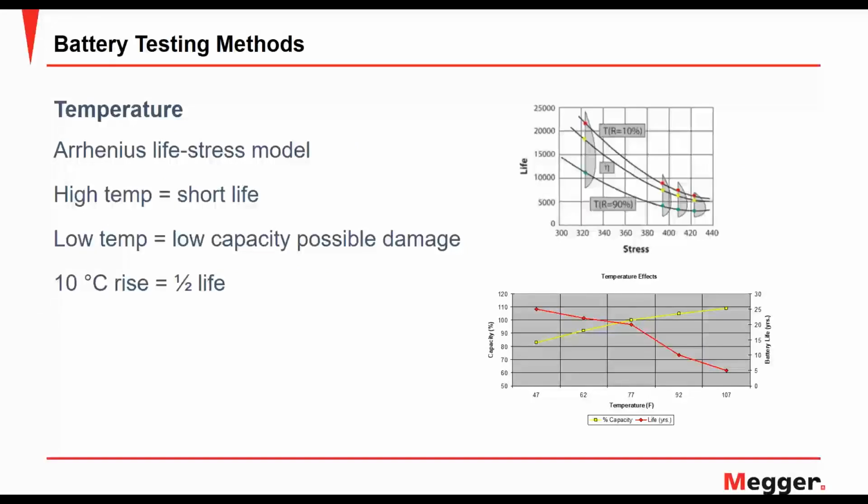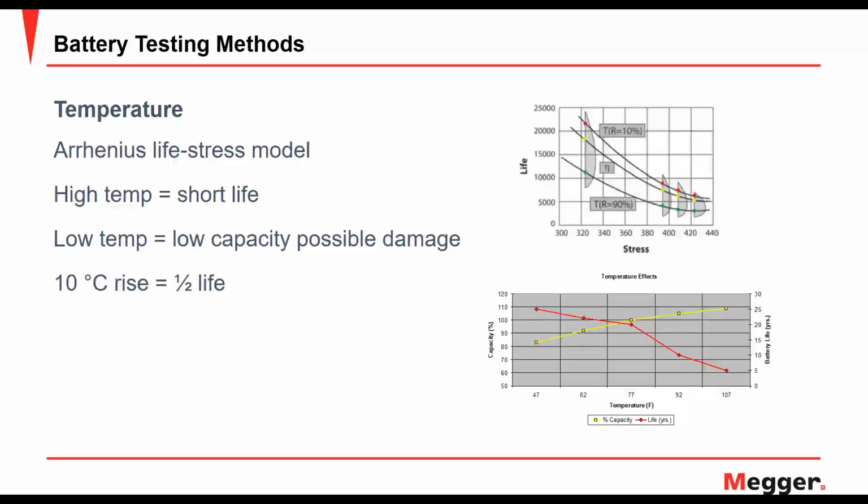A fifth test or condition that we need to consider when we are testing is temperature. I don't have to emphasize this too much, as I mentioned before. High temperature will shorten the life and accelerate aging processes like dry out for sealed batteries, and lower temperature for some types of battery could lower the capacity, especially for lithium ion batteries.